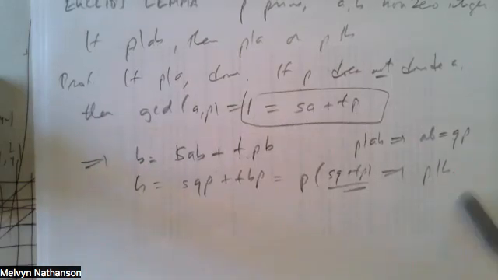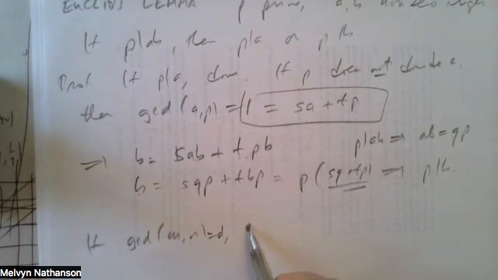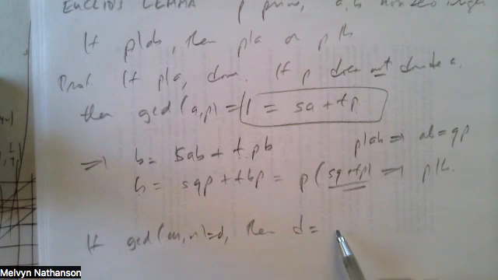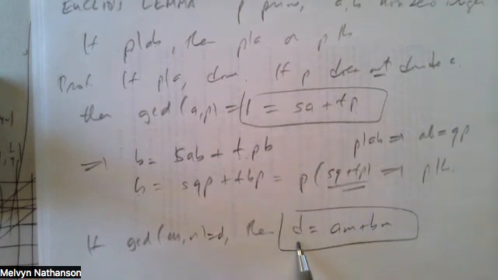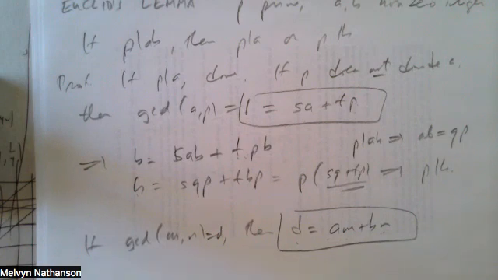But it's true in general: if the GCD of two numbers M and N is D, then you can always write D as AM plus BN. The greatest common divisor of two integers is always a linear combination with integer coefficients of the two integers.